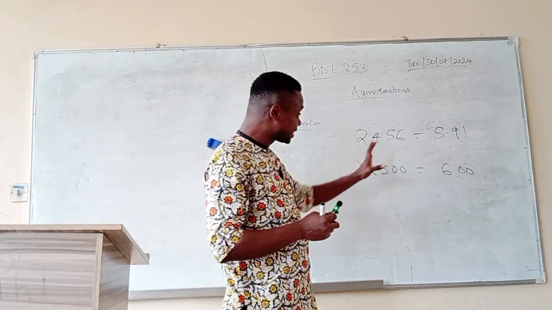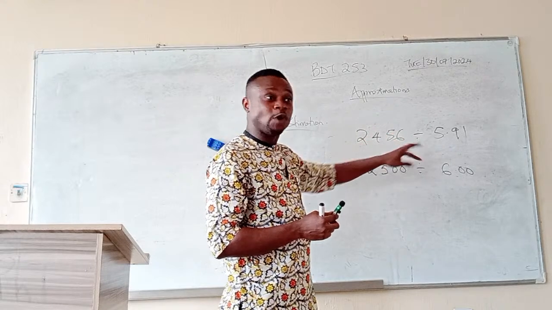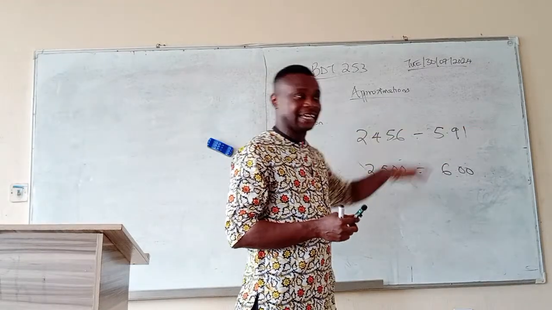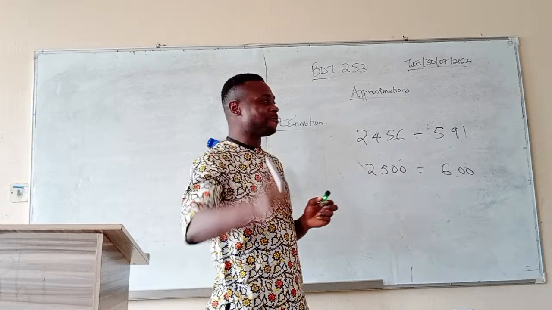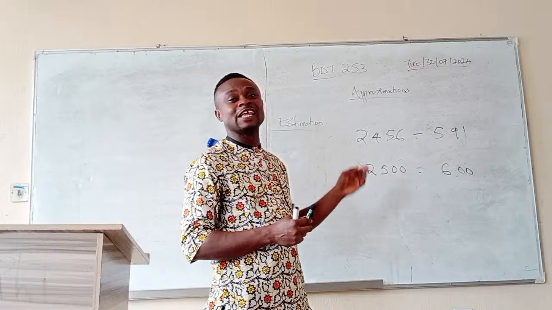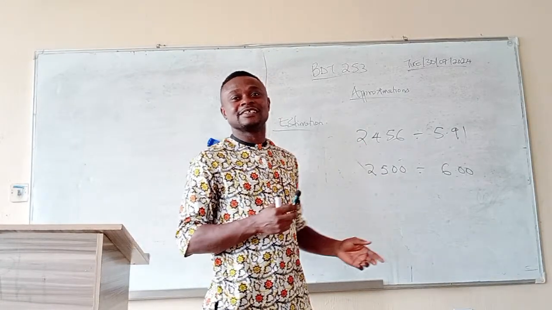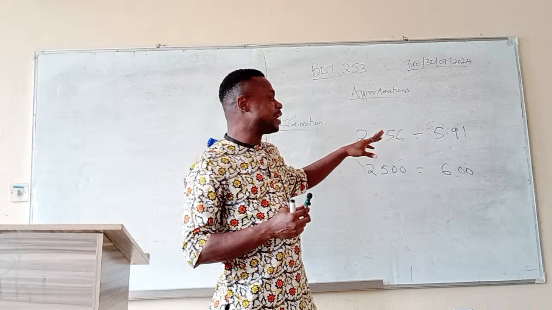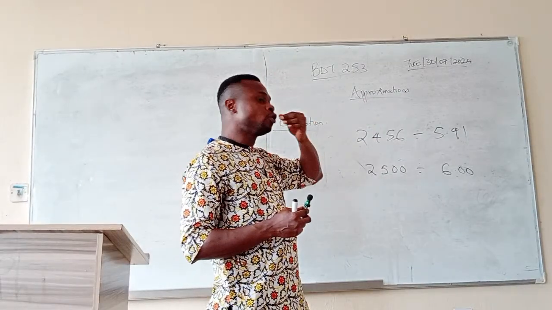Estimation is that you look at it and you are able to say what the answer will look like. That is estimation. It's not carrying a calculator up and down. So when you are working on estimation, keep your calculator by the side. Do anything you can to that number so that you don't need your calculator.